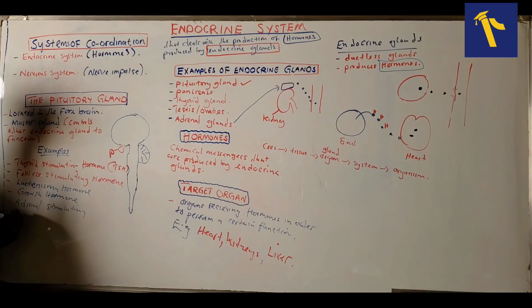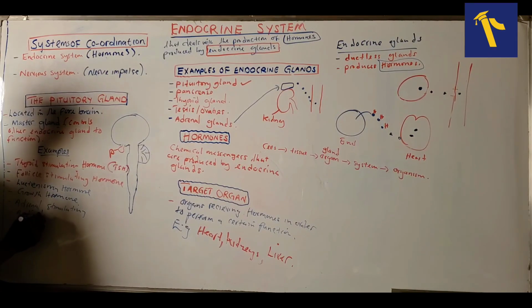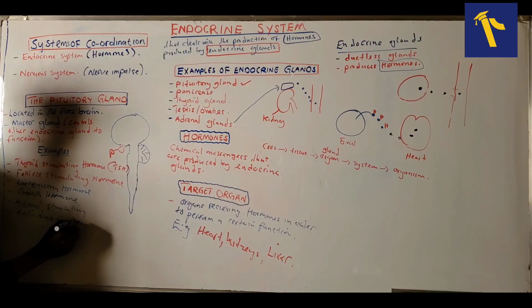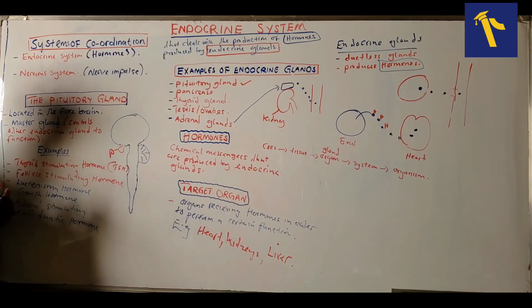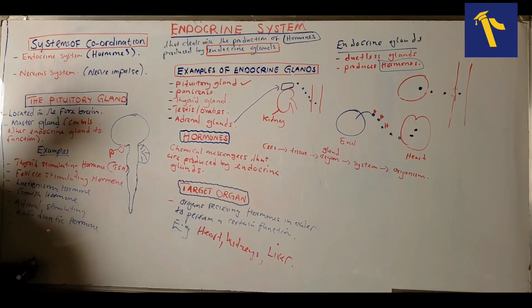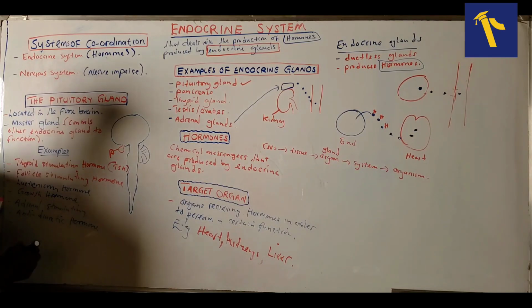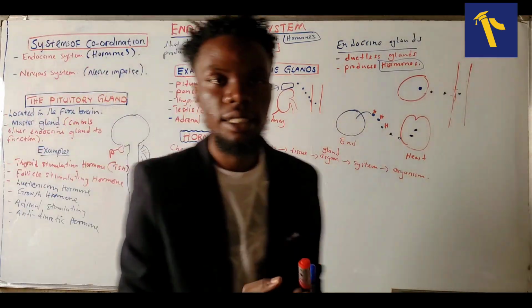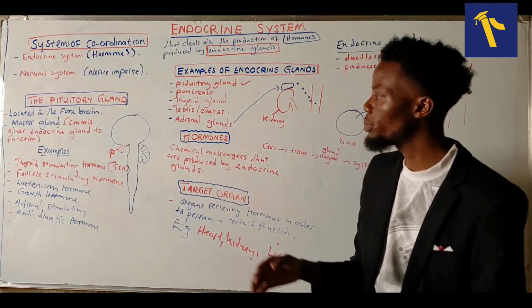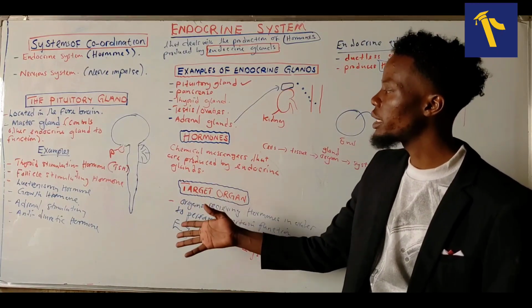We have a lot of them. We have antidiuretic hormone. I'm just going to put here prolactin too, so a lot of hormones are produced by the pituitary gland.